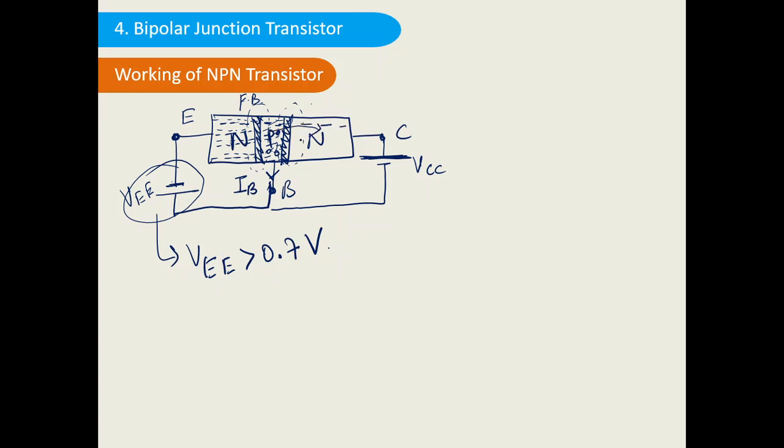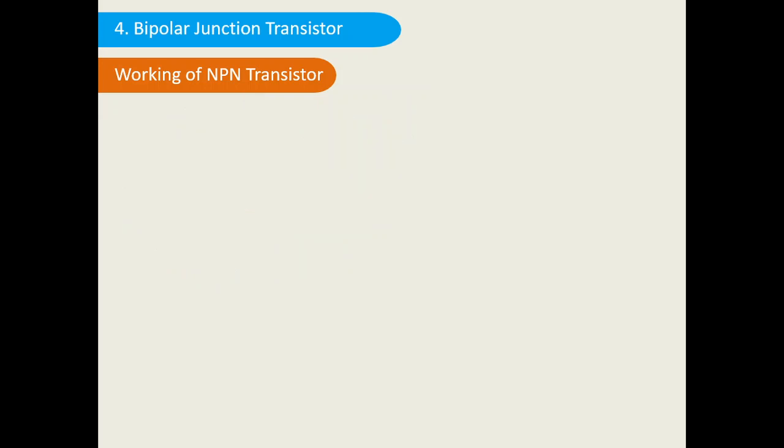That is why current flows to the collector like this. This is the collector current IC. The emitter current is IE, so IE is equal to IB plus IC. Now let us see this with respect to the diagram.